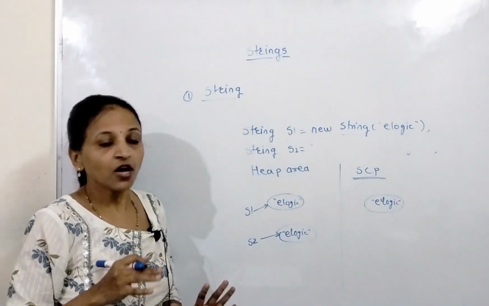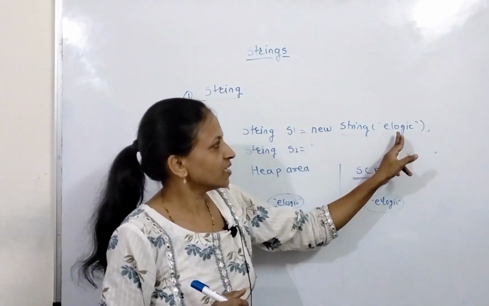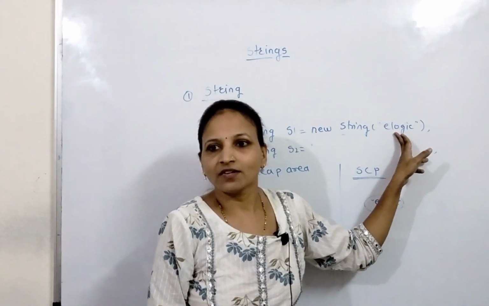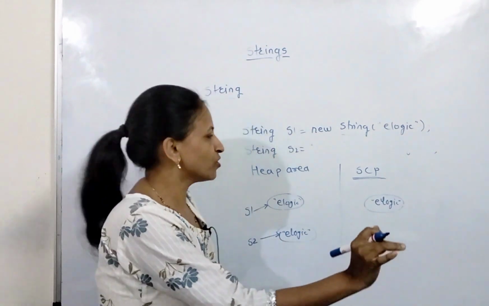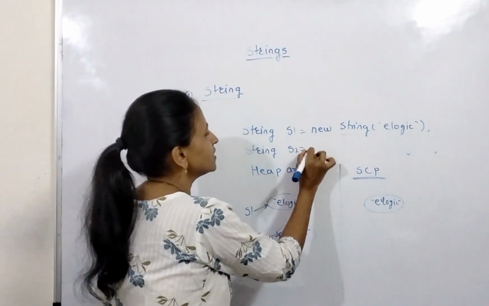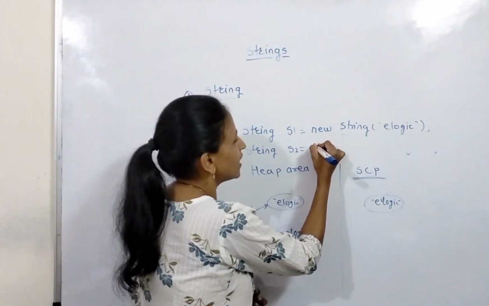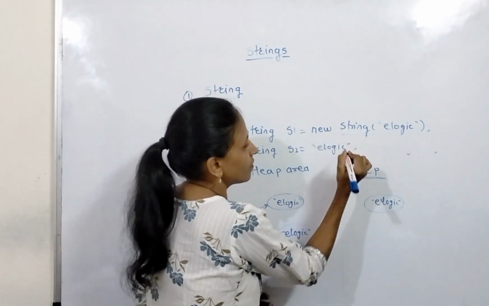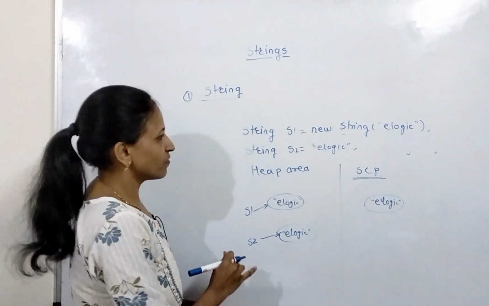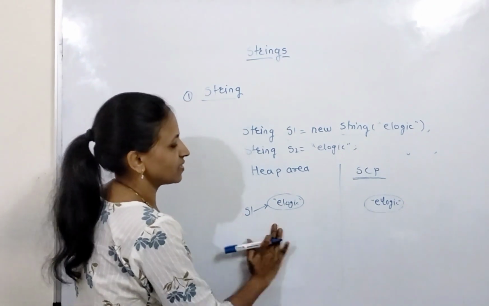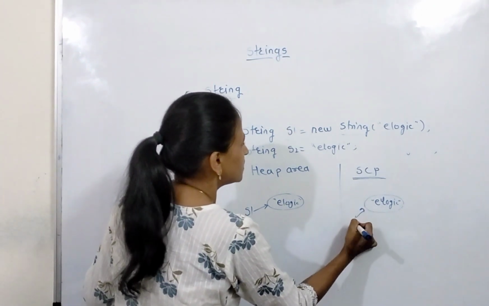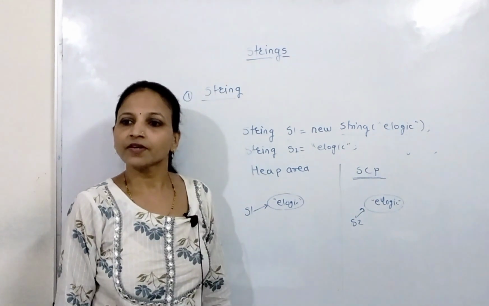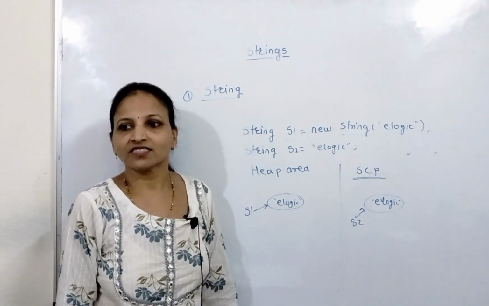Or you can create a string without passing any argument. We will see that, don't worry about it. Here we will write String s2 equals the same thing again, then this type of structure will be there. This is not present and here it is pointing. These are the two sections.